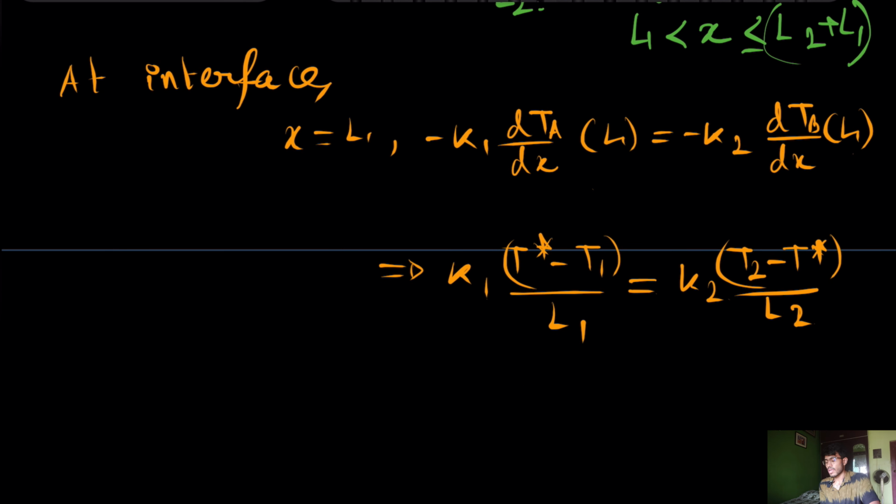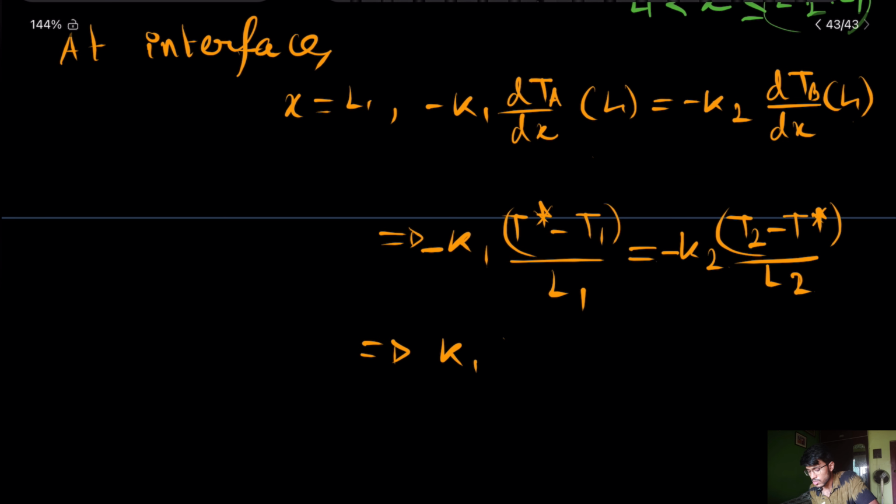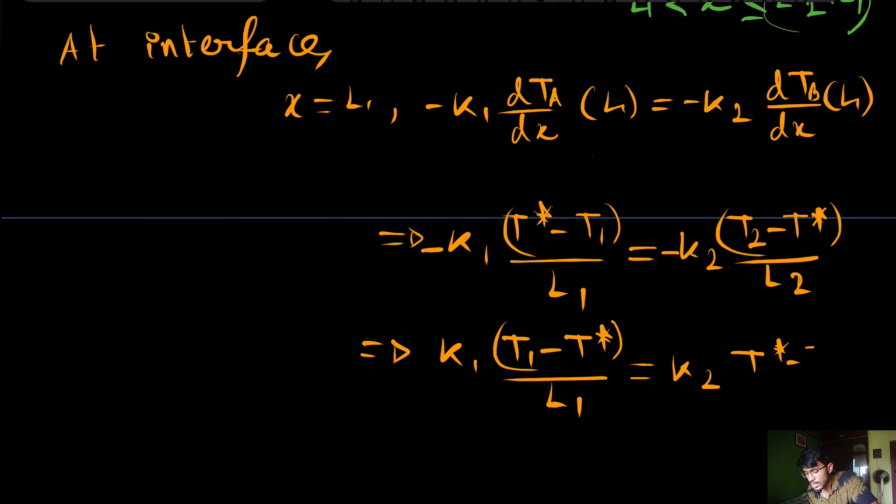Actually, basically if I put the minus here for both the sides, I am not cancelling the minus, and now I am writing K1 into T1 minus T star is equal to K2 into T star minus T2 by L2.